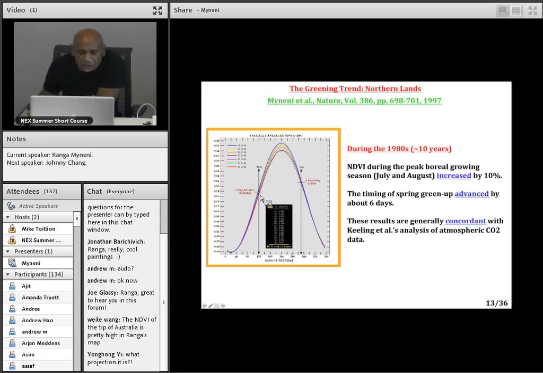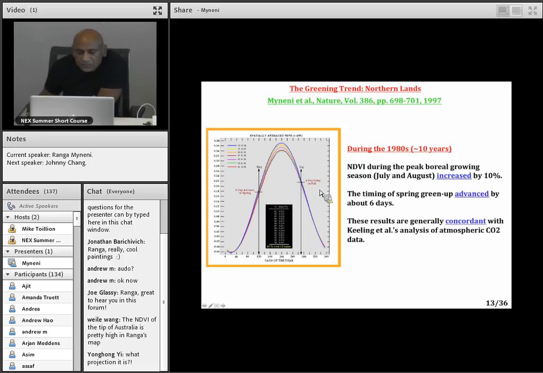That is, if you were to take an NDVI threshold of 0.18, for example, you can see that the curves of the later years are advancing. Or if you were to take a particular day, you can look at the NDVI change, and you can deduce an advance or delay in springtime threshold value of NDVI.